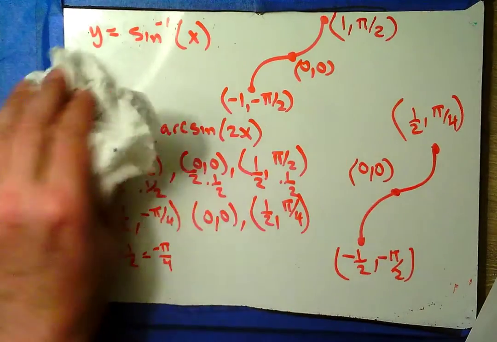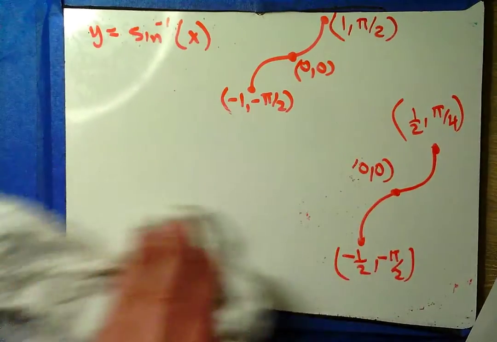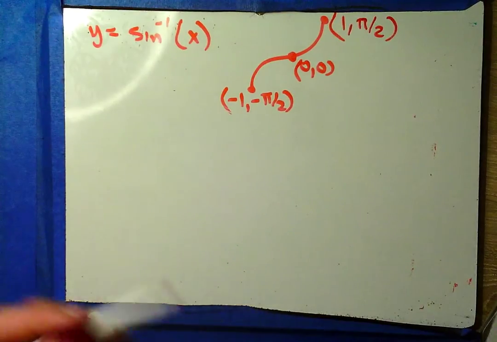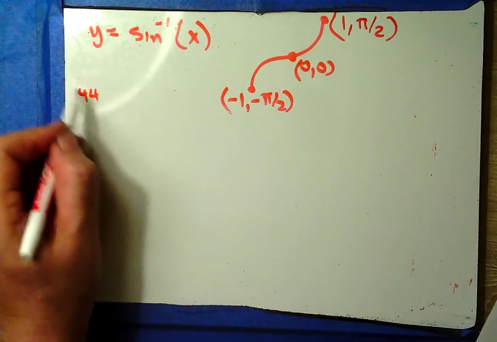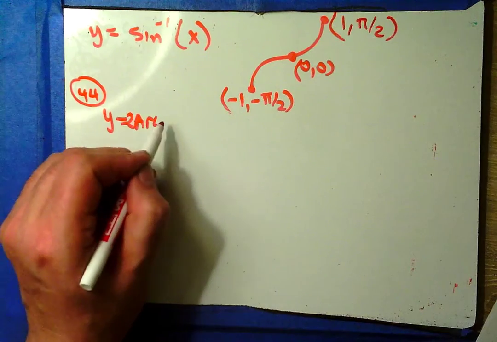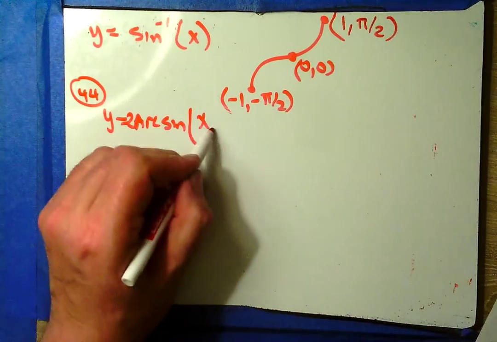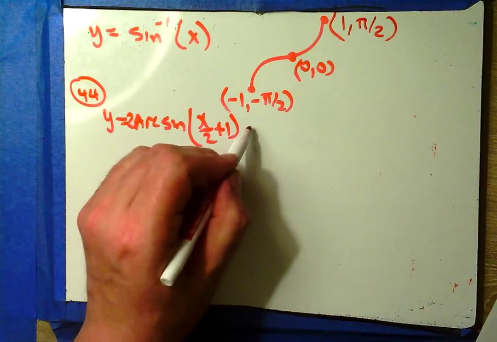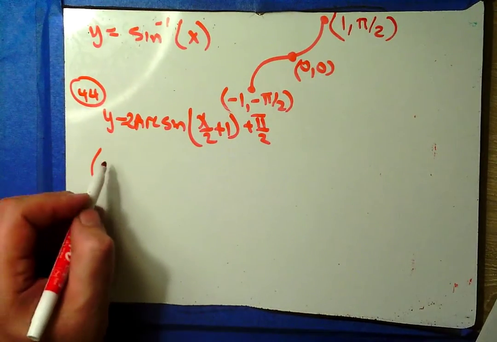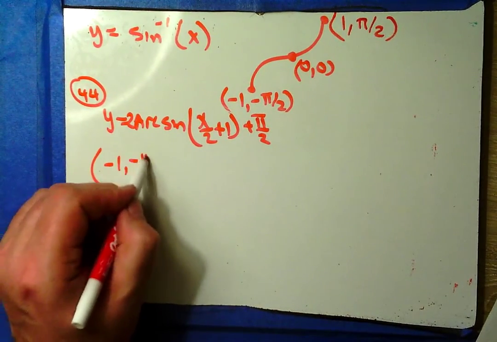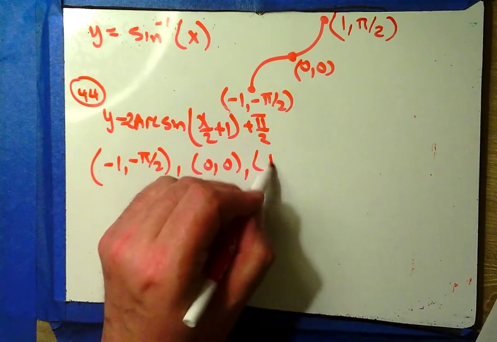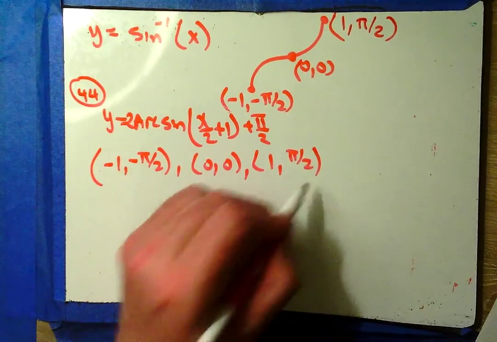The last problem, number 44, will use the same reference points and the same characteristic shape, except it has more transformations. In number 44, I see y equals 2 arc sine of x over 2 plus 1, plus pi over 2. I'll start with those reference points again: negative 1, negative pi over 2; 0, 0; 1, pi over 2.